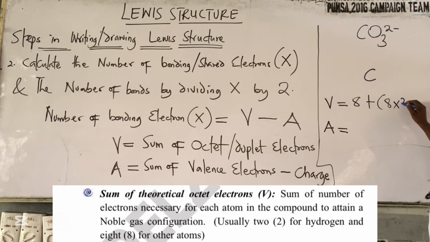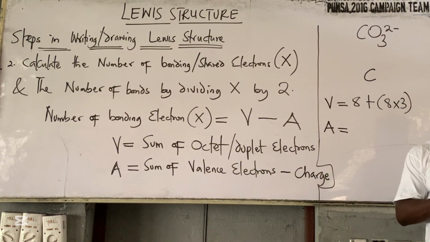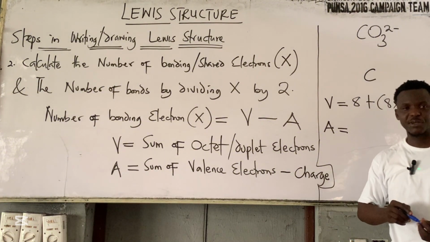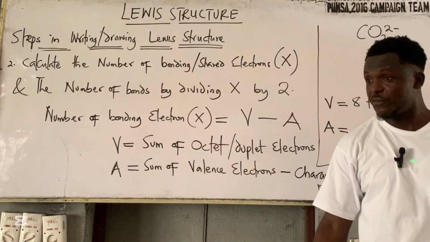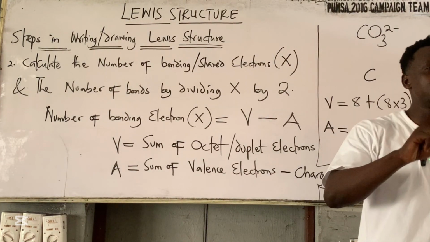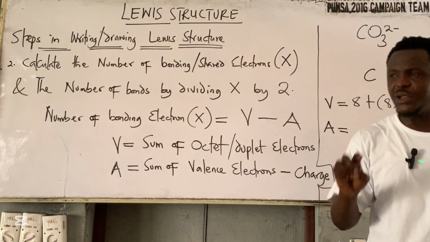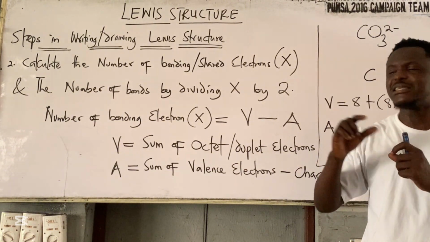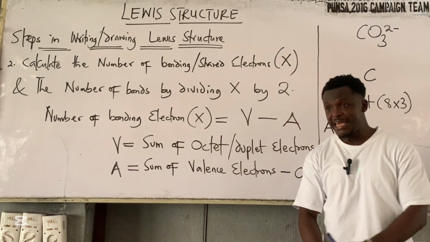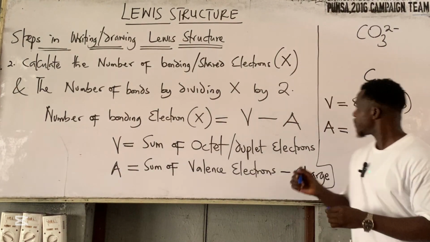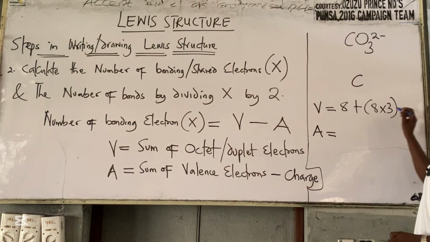So this becomes 8 times what? 3. The reason why each element is having 8 is because every element undergoes bonding to attain octet or duplex configuration, right? Apart from hydrogen, helium, lithium, and beryllium, every other element, the V for each atom will always be what? 8. So that one is constant. 8 times 3 is 24, plus 8 is what?